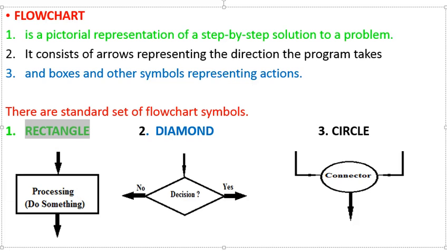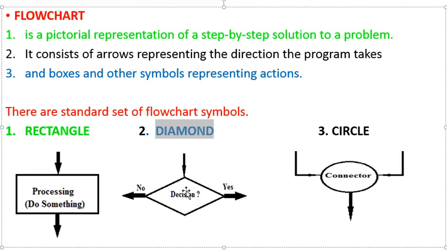If you look at this in a flowchart, the rectangle always has 1 entry point and 1 exit point only. Then after the rectangle, we have what we call a diamond, and as you can see from this diagram, it is used for taking a decision.